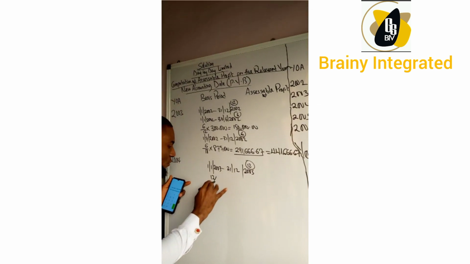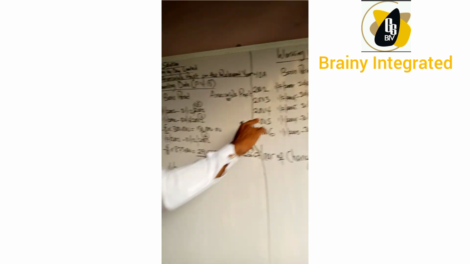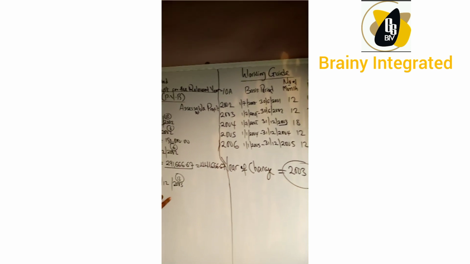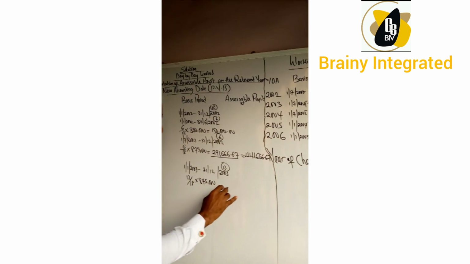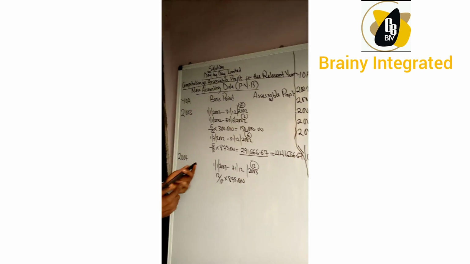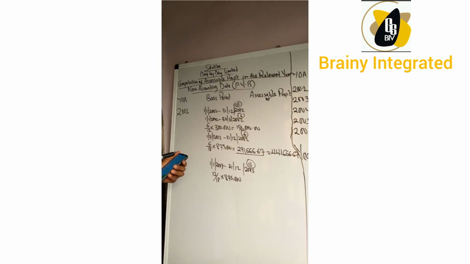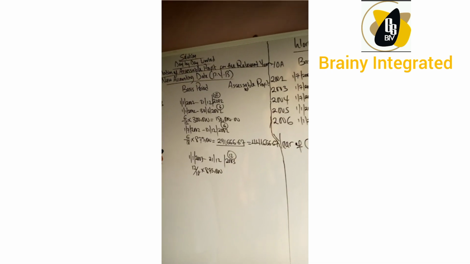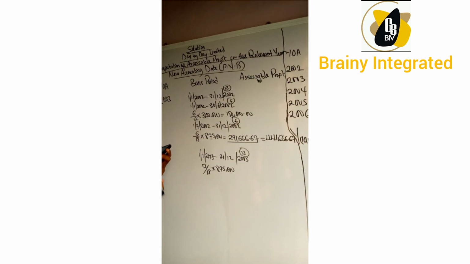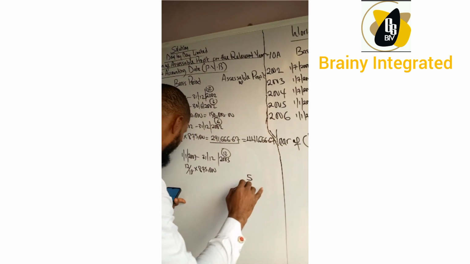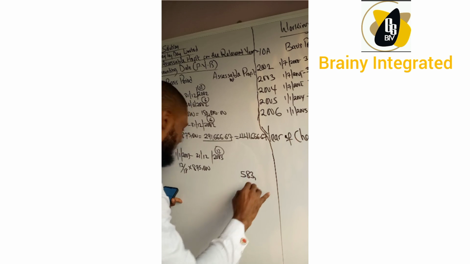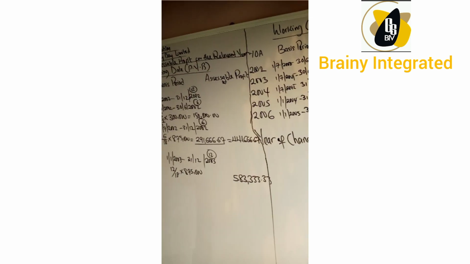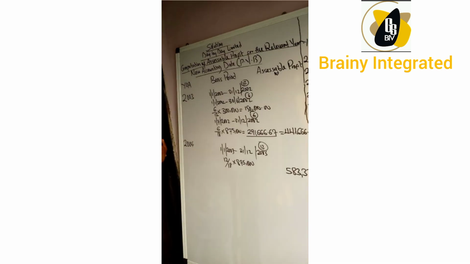So we'll say 12 over 18 times the adjusted profits here, 875,000. That will give me 583,333.33.